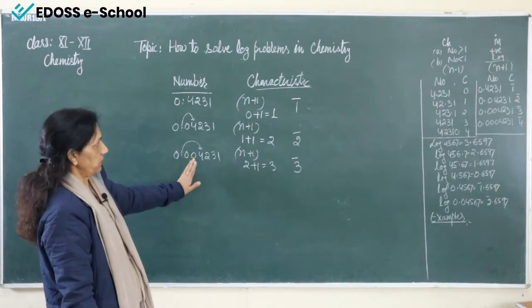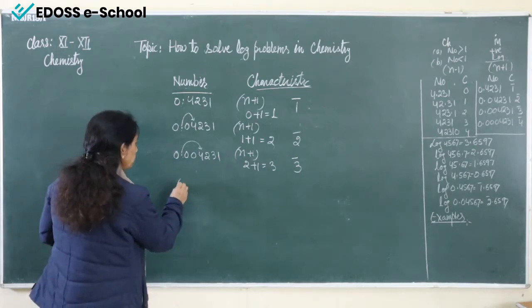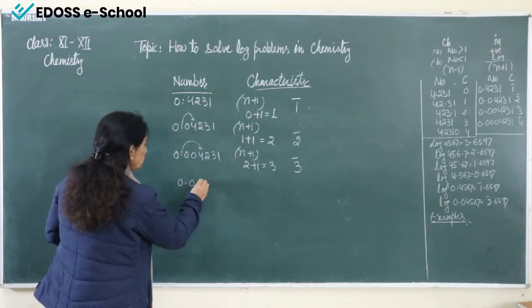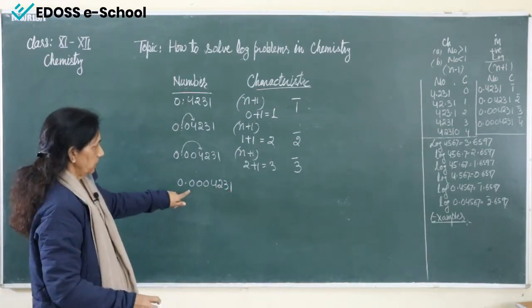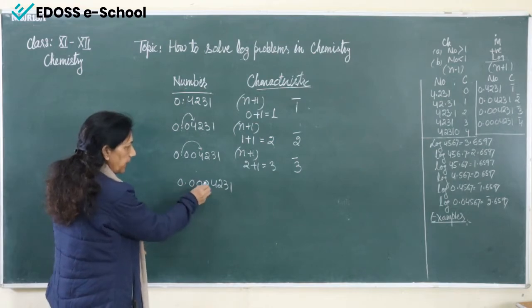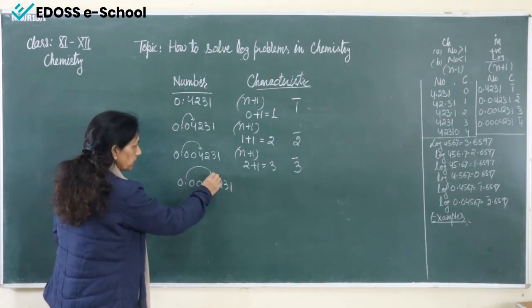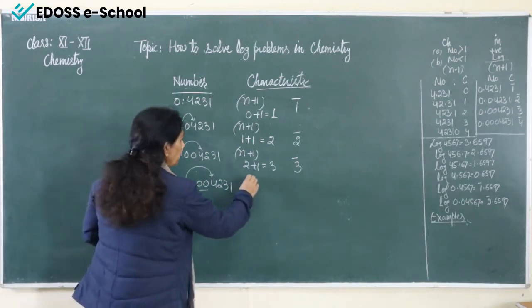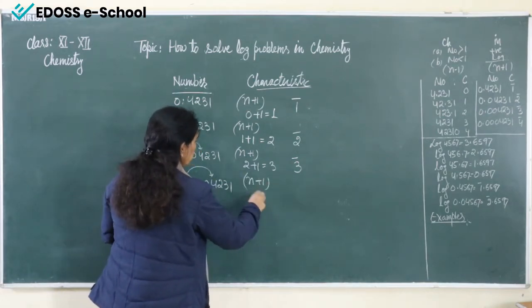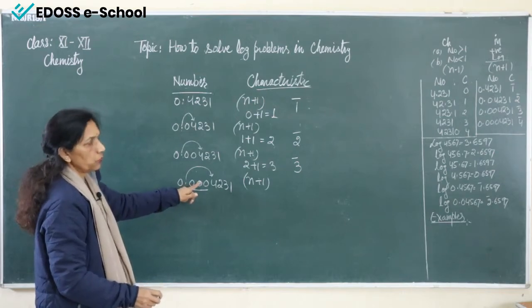Now for the same number, 0.0004231, between decimal and first significant figure, 3 zeros are coming. That means same formula n plus 1 we will implement. So 1, 2 and 3.